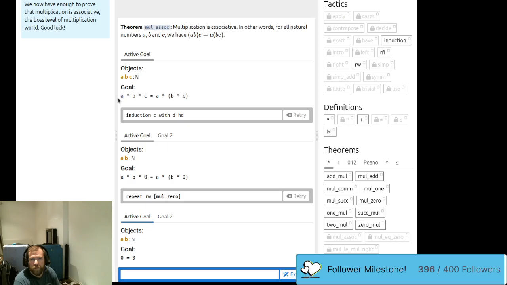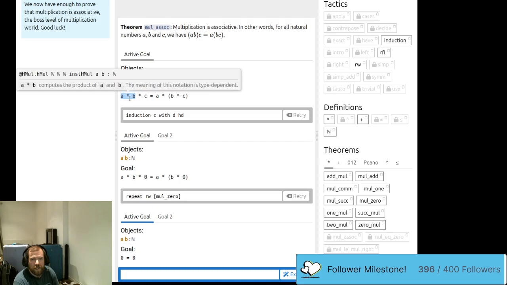Yeah. So anyway, we're trying to do an induction proof of the multiplicative law of associativity. What we've got right now is a times b, parentheses, times c is going to be the same as a times, parentheses, b times c. So we're doing an induction, using c as our induction variable.